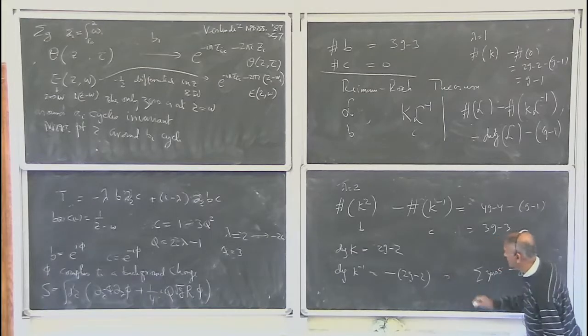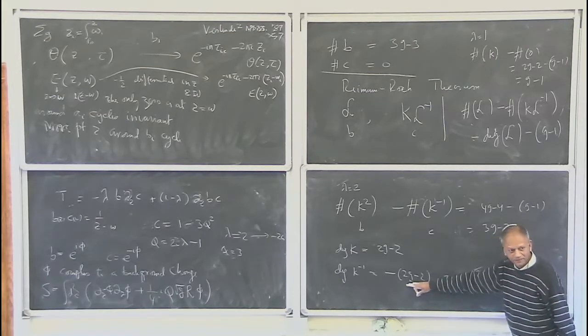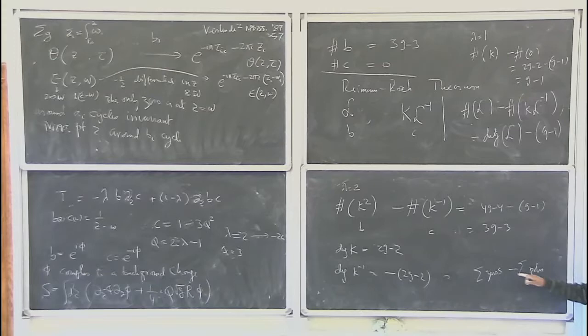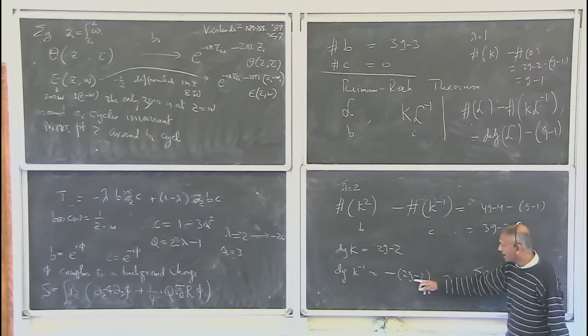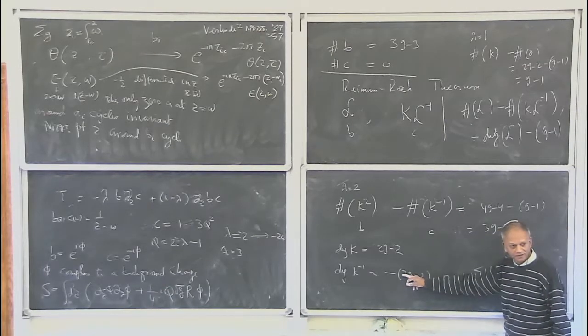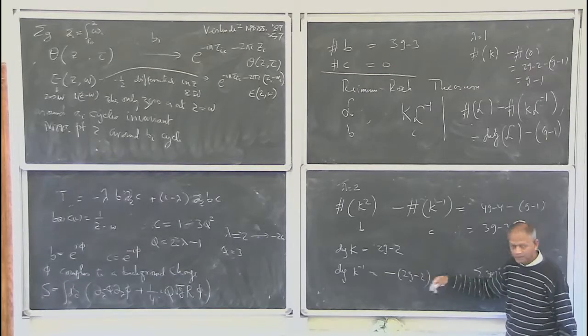Zeros come with a positive sign, poles with a negative sign. So if the degree is negative, every section must have some pole, so there is no way it can have a zero mode, no holomorphic section. This is where I'm using G greater than 1. Otherwise, if G equals 1, this vanishes, and a priori I cannot say anything about it.